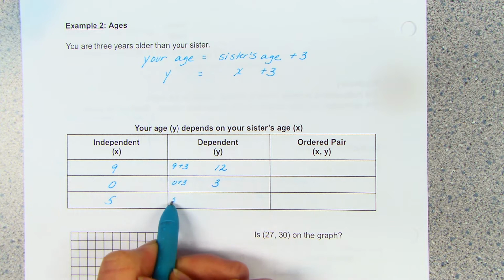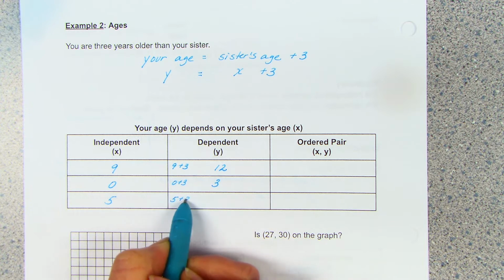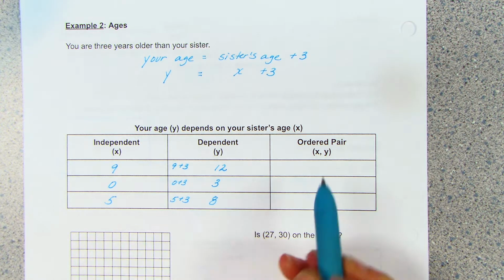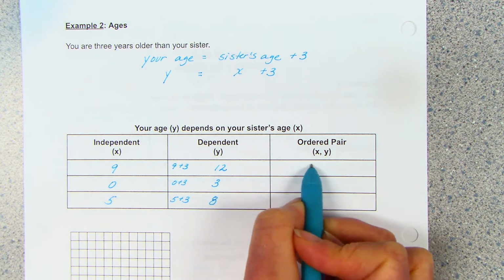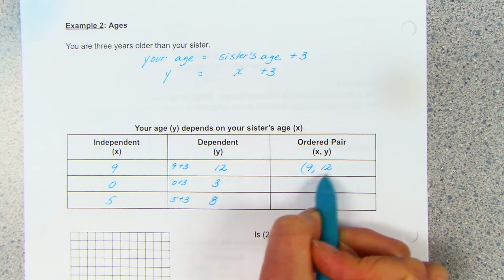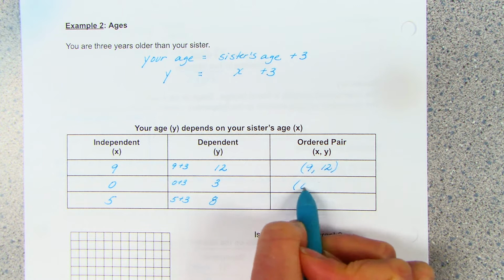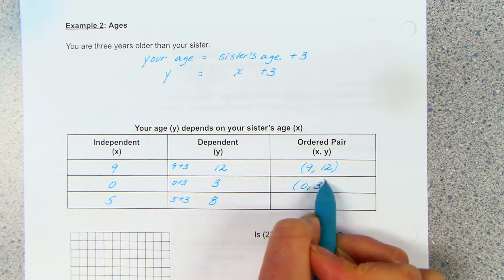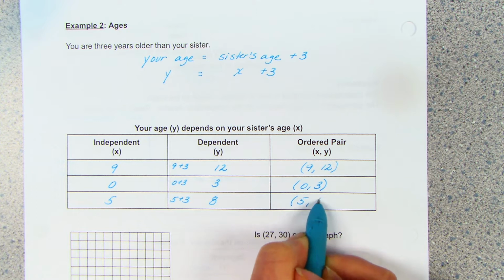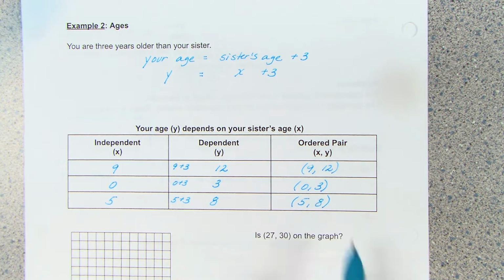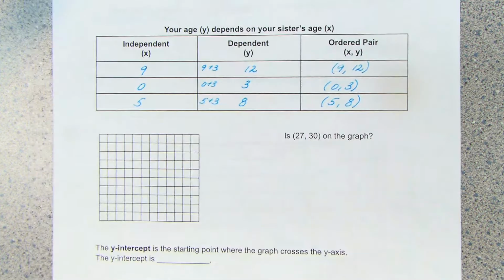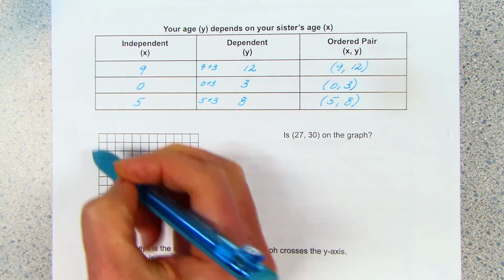When the sister is 5 years old, I'm 3 years older, so I am 8. Okay, and then we make those into ordered pairs, 9, 12, 0, 3. That's a really important point that we'll get to in just a minute, and 5, 8.